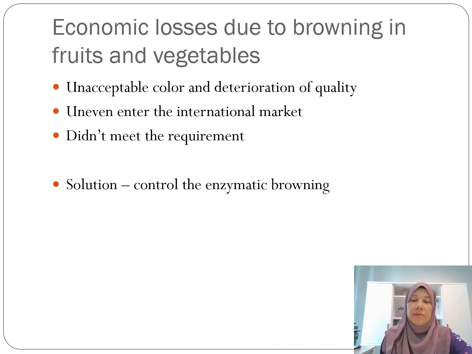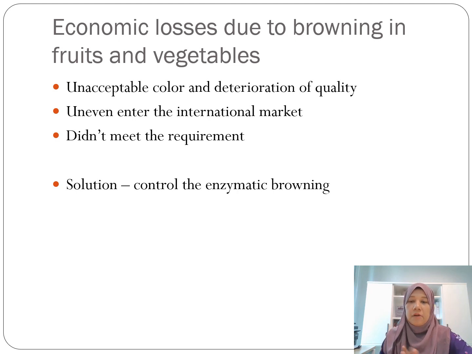Just now we looked at the benefits, but now the economic losses due to the browning process in fruits and vegetables. The first one is unacceptable color, and the other one is deterioration of quality. So it will affect the acceptance of the fruits and vegetables among consumers, and even entry into the international market.